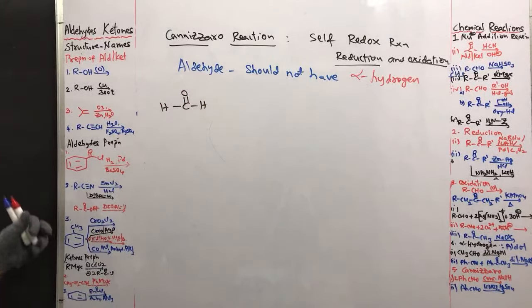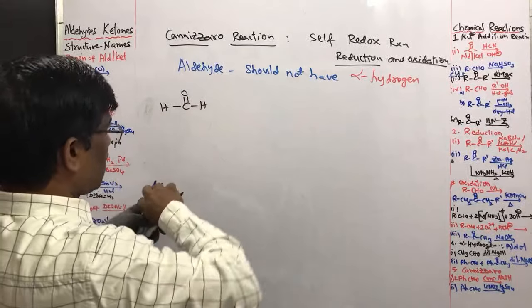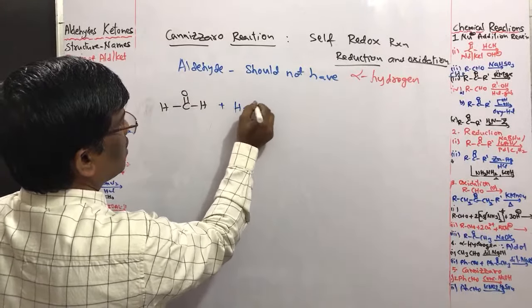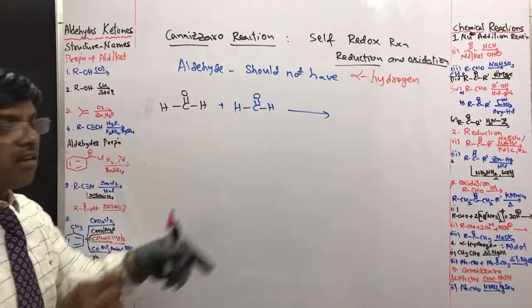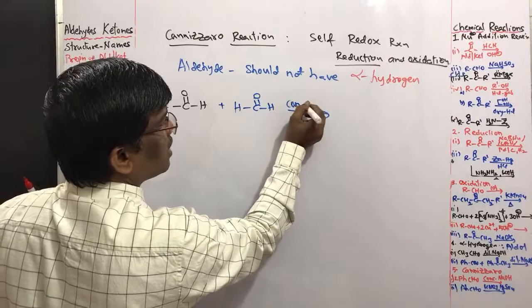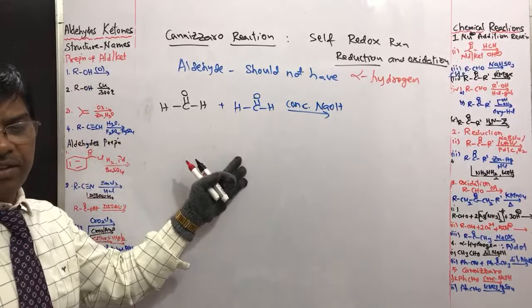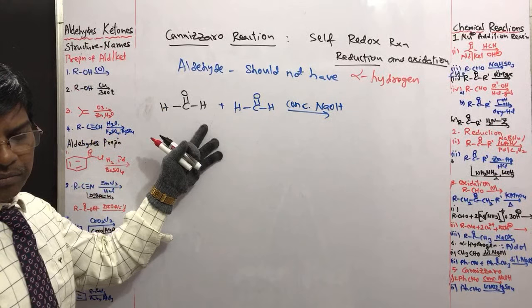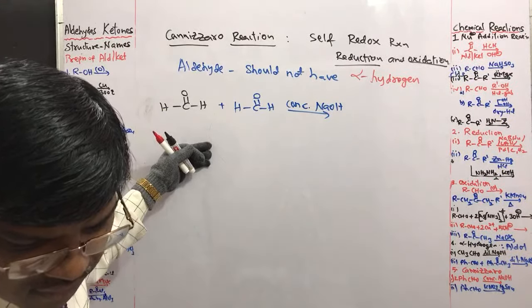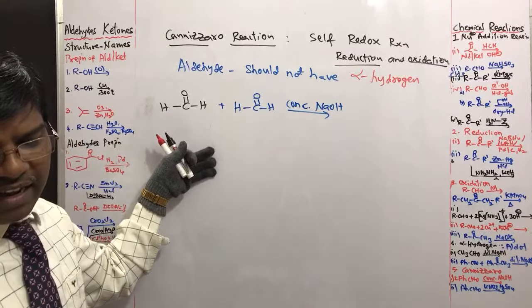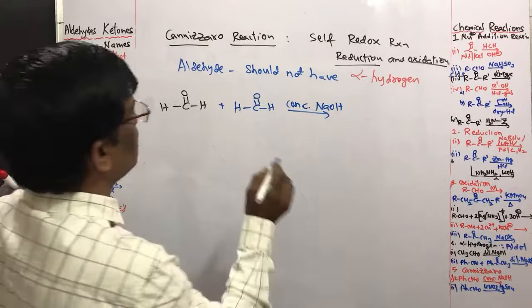This is formaldehyde. Two molecules are taken, and now the base is concentrated NaOH. I can take KOH, NaOH, some base you can take. Yadav, please type Aldol reaction Venus Academy and you will get it, don't worry, there is a video.